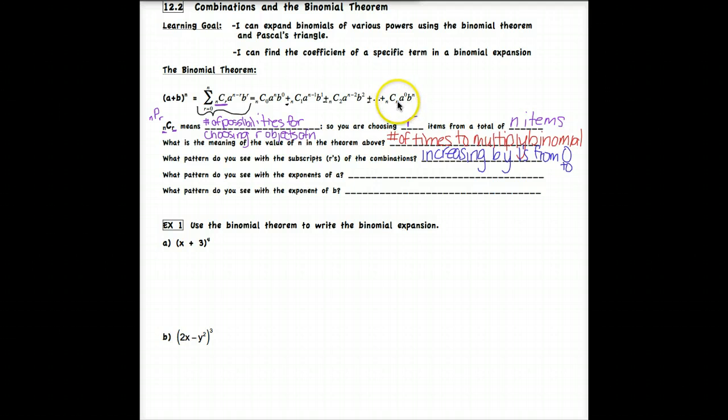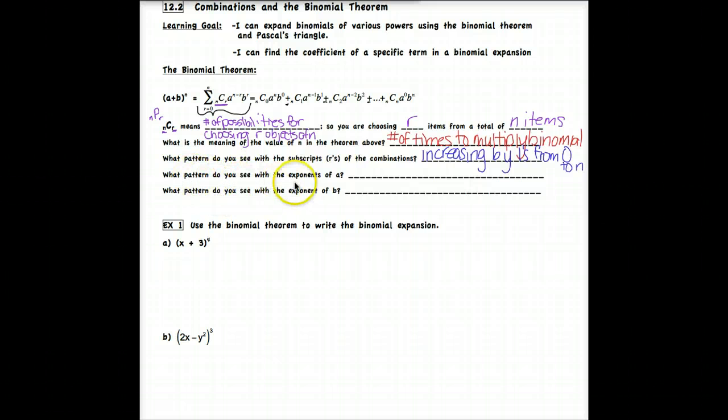We stop when r gets to being equal to n. So we start at 0 and we keep counting up with r's until we get to whatever the value of n is. So if you're finding a binomial to the 6th power, that means you keep increasing your r's until you get to 6. If you're finding a 7th power, you keep increasing till you get to 7.